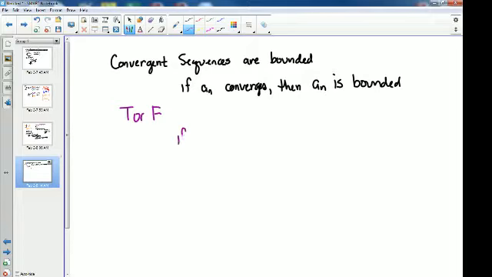If a sub n is bounded, then a sub n converges. This is called the converse of the original statement. So is it true or false? And if it's false, then you come up with a counterexample.